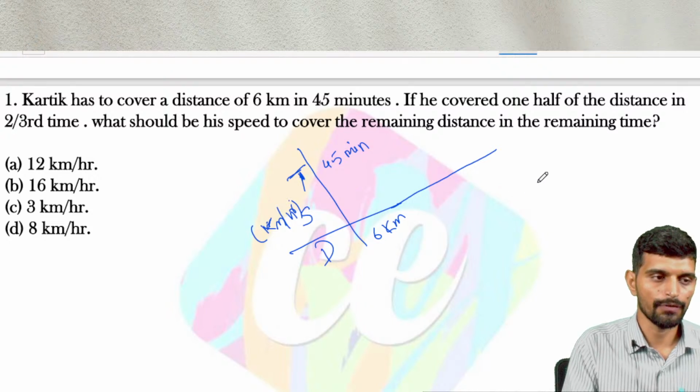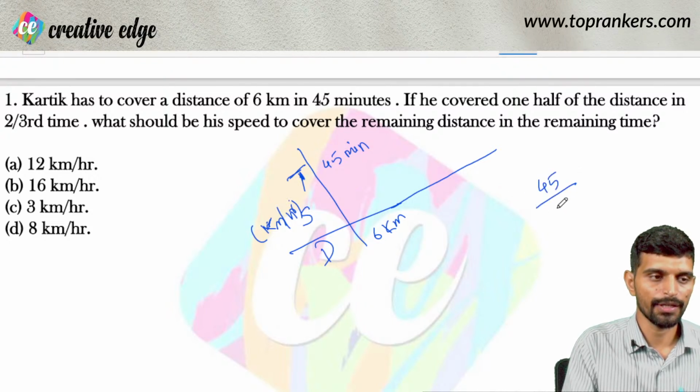Let's divide 45 by 60, which gives us 3/4 hour.